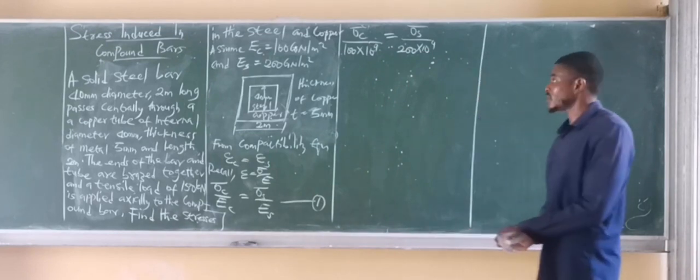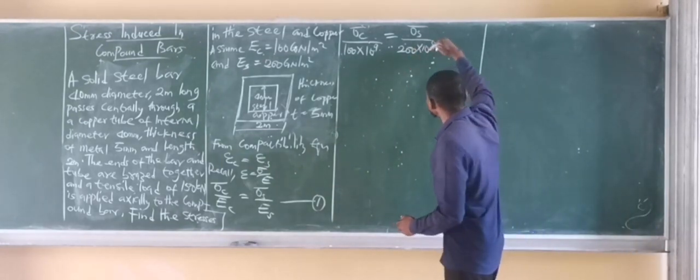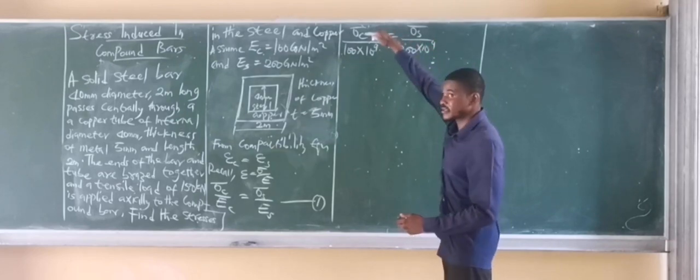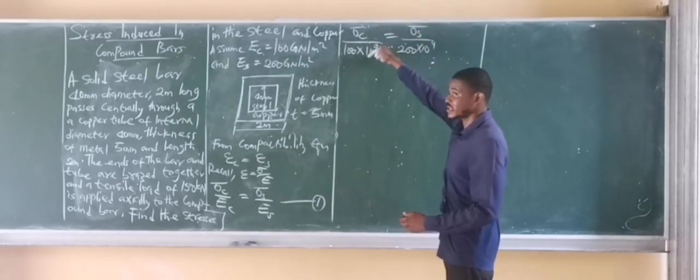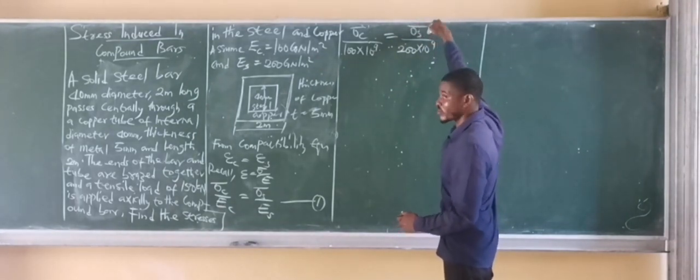Now look, if I cross multiply, this multiplies this, meanwhile this multiplies this. But I want to make stress of steel the subject of the formula.